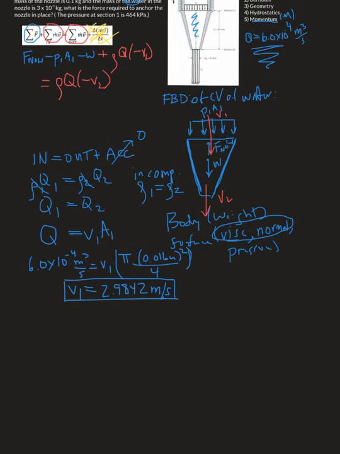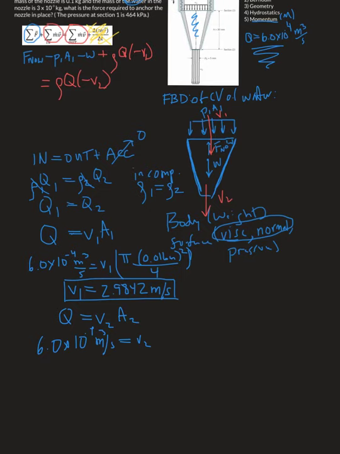So now we are left with solving for V2, which we will use the exact same method for, obviously with a different diameter. 6.0 times 10 to the negative 4th cubic meters per second equals V2 times the area, pi times 0.005 meters squared, over 4.